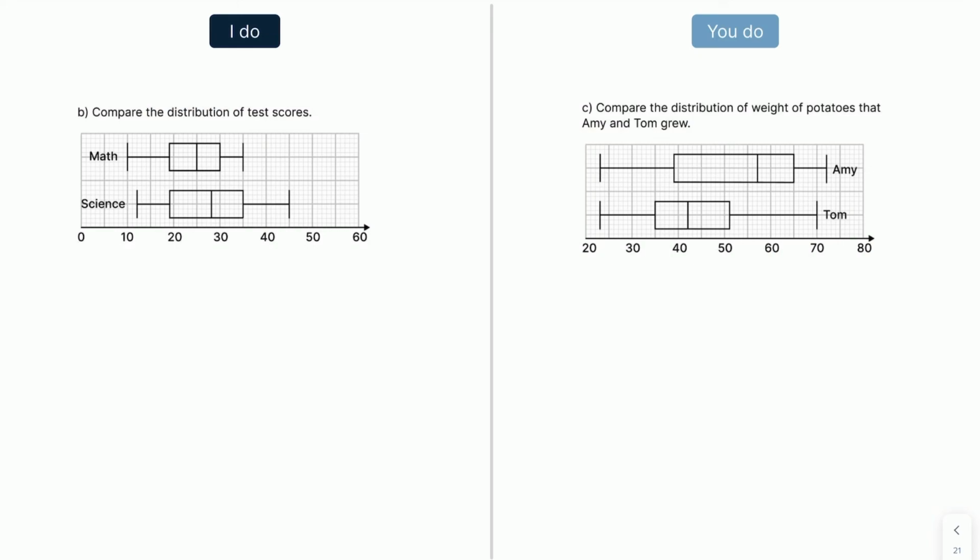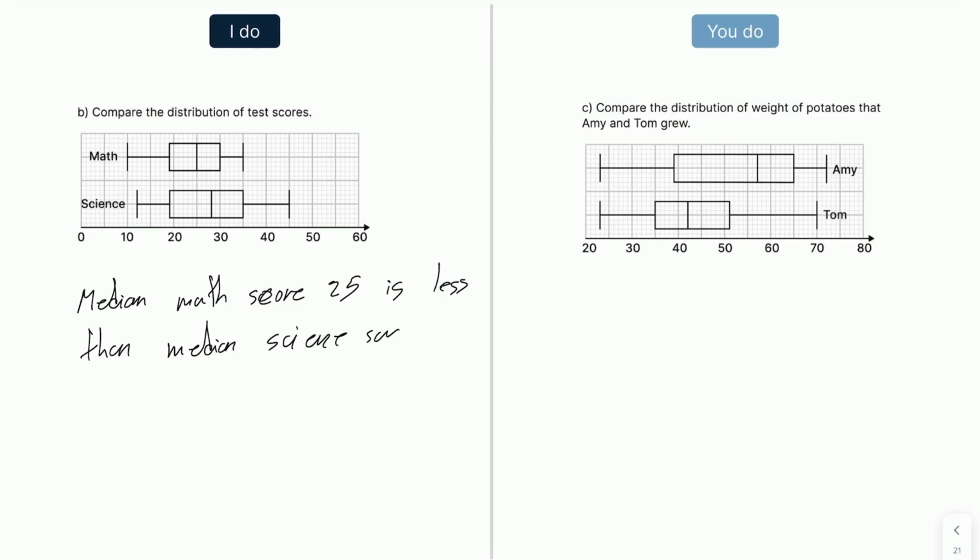So finally, the type of questions you get asked are also to compare distributions. The way you want to compare distributions is using the median and the interquartile range. The mark scheme specifically does ask to compare the two. So say we've got maths and science courses, we would say the median maths score, and you would write what the median is, in this case 25, is less than the median science score, which is 28.